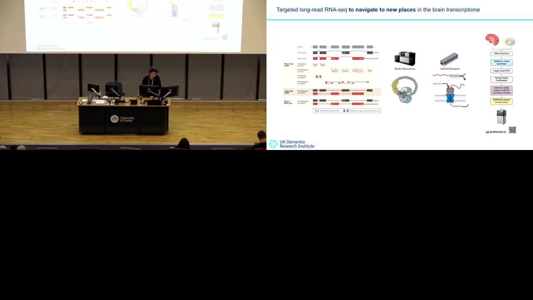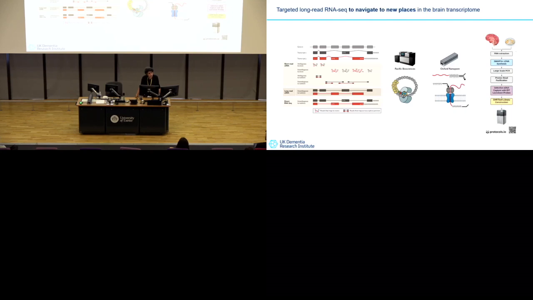But I think it's remarkable to be able to get that complete information and to have it with that much clarity. There are two platforms that are allowing us to do this now, Pacific Biosciences and Oxford Nanopore. And we looked at a protocol that was adapted from something first generated by PacBio to generate targeted long-read RNA sequencing data off of targets of interest without necessarily having to know what the actual transcript structure was.